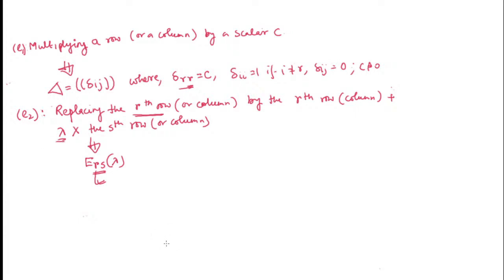So this matrix, suppose its element is Eij, has diagonal elements Eii equal to 1 for all i and only one non-diagonal element non-zero, that is ERS, which is equal to lambda, and Eij equal to 0 otherwise. So I illustrate this by an example.